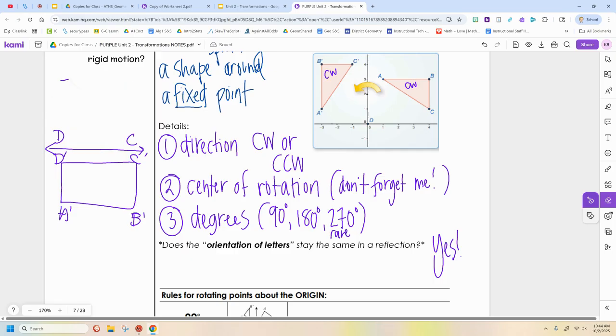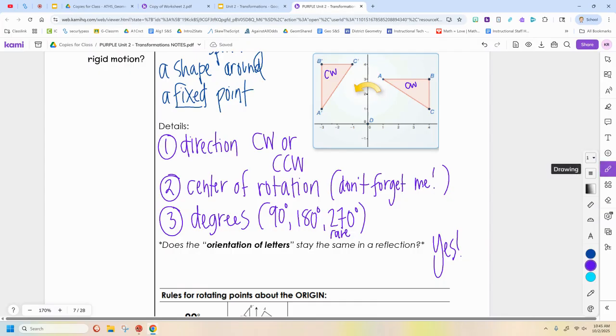Okay, so I'm going to erase this because I wanted to use this space to talk about, is it a rigid motion? And so the answer is yes. What are some words we can say to explain why? Why is it a rigid motion? Yes, because rotation does what to the shape? It does nothing to the shape, you're right. So if it does nothing, then it preserves, right?